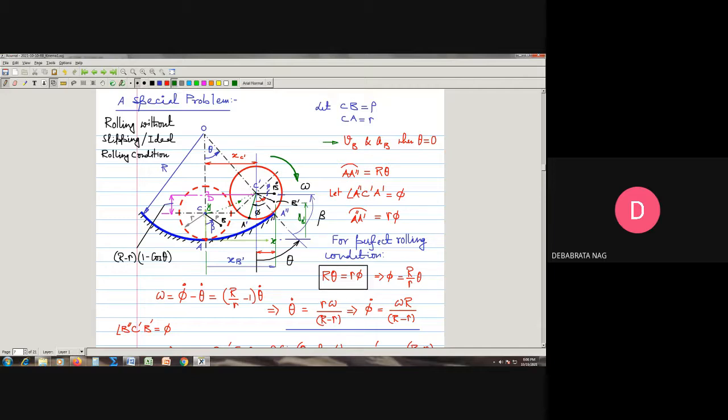According to Chasles' theorem, after giving this curvilinear translation, whereby bringing the center to its desired location, now we can give a rotation to this body with respect to the point C dash. That means make C dash the center of rotation and rotate it by an angle such that this radial line C dash A double dash comes to its desired position, say C dash A dash.